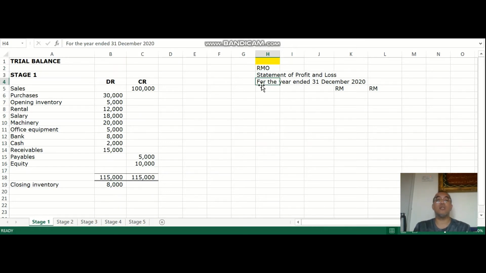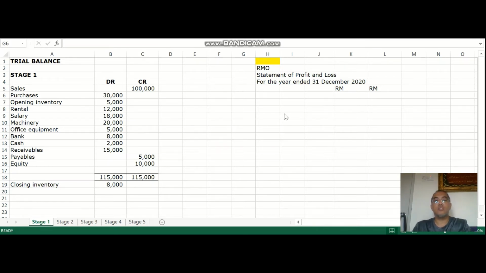That is why it says for the year ended, meaning that the whole sales, the whole purchases, the whole expenses that you have incurred during the year 2020, everything has to be reported in the statement. So for the year ended means starting from the first and ending at 31st December 2020. Okay, alright, good.